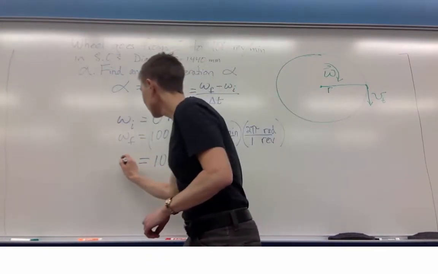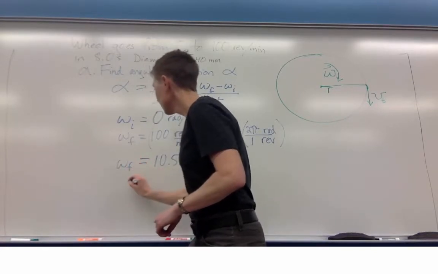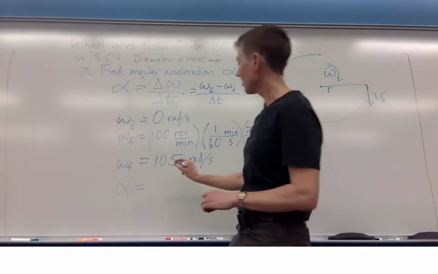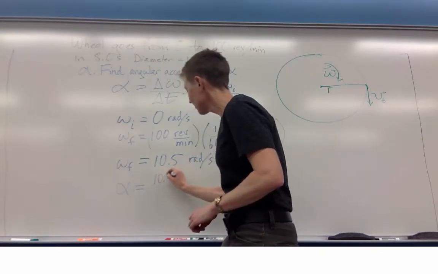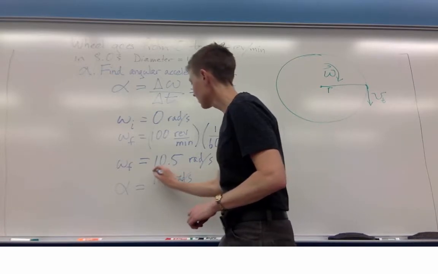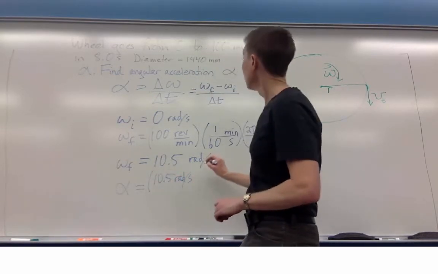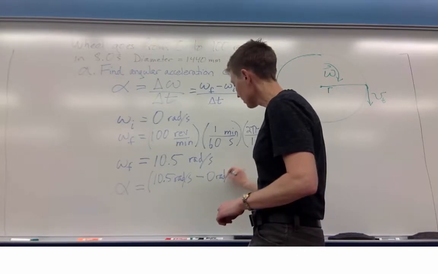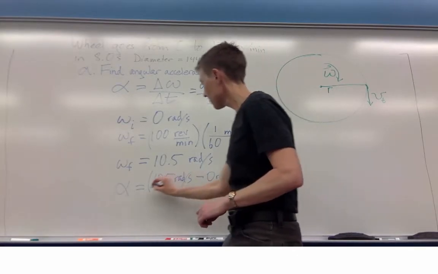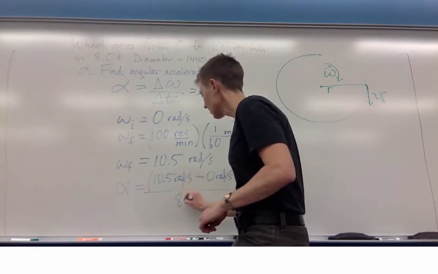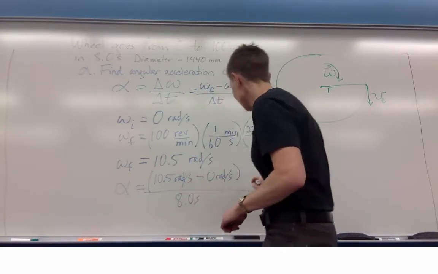Then we come back, let me just write omega final here. We come back to our alpha. Our alpha is now 10.5 radians per second minus 0 radians per second divided by delta t, which is 8.0 seconds.